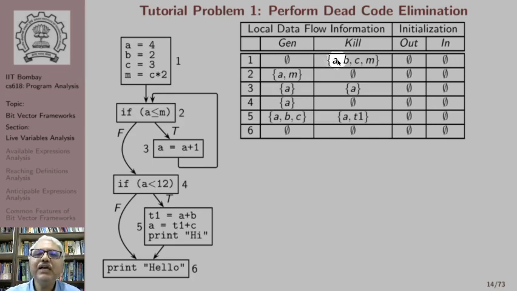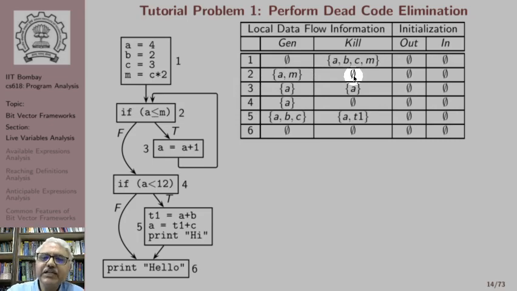At the same time, since there are assignments to A, B, C and M, all these variables are killed. The liveness of all these variables is killed by this particular basic block. In basic block 2, there is no assignment, only A and M are being read. So therefore Gen is A comma M and Kill is empty.